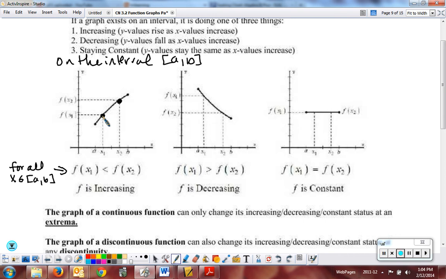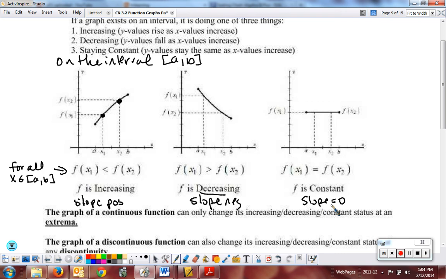If I pick any 2 points and I draw the secant line and get a negative slope, then it is decreasing. And if I pick any 2 points and I calculate a slope and get 0, then it is constant. Slope positive, slope negative, and slope equal to 0.